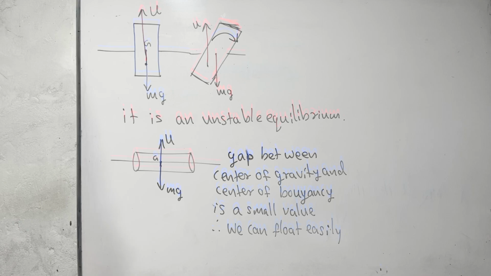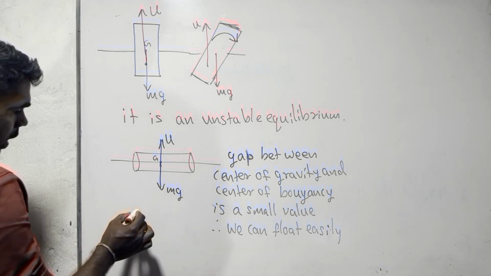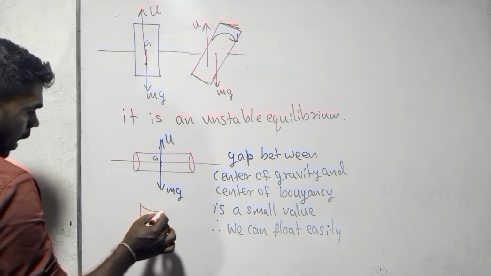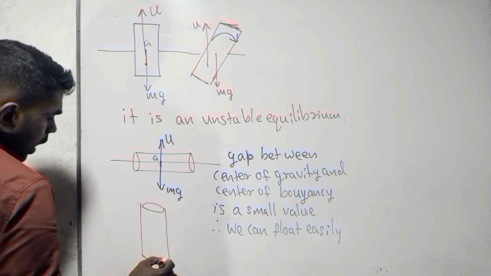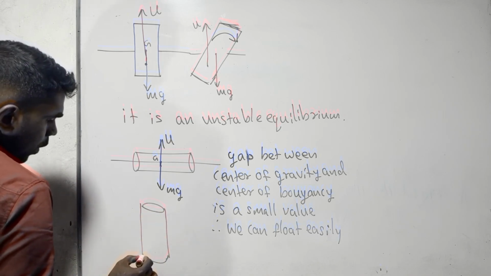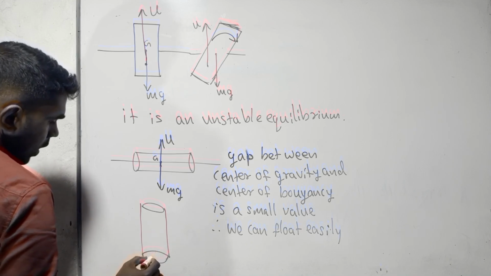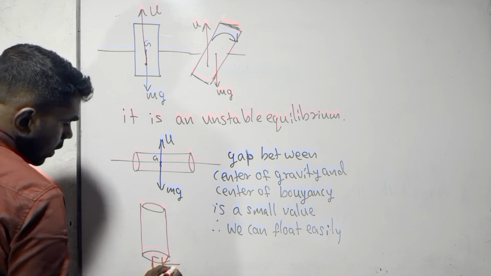If we have to float the object vertically, we can use a heavy mass at the bottom of the cylinder, like this, heavy weight.